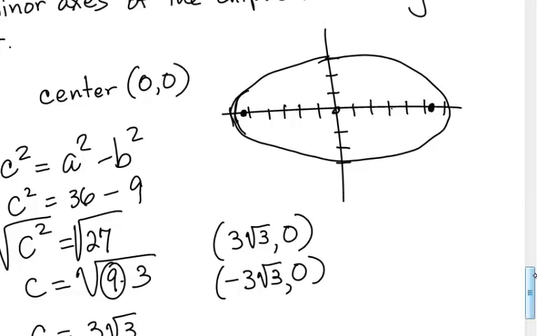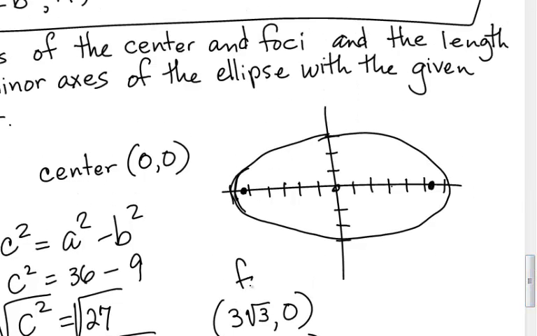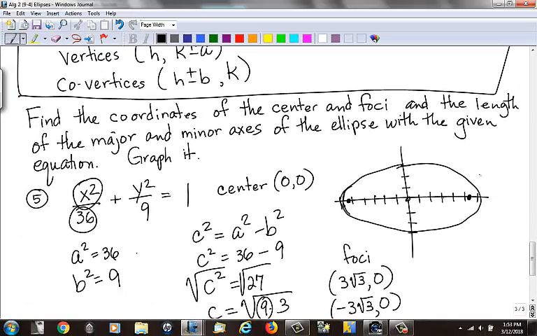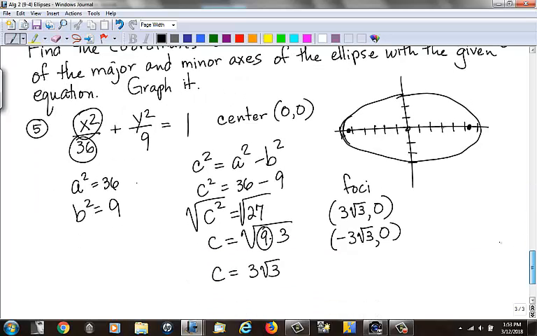So they wanted the center, they wanted the foci, they want the length of the major axis. How far do we go out on the X? 6. So the length of the major axis, 2 times 6, would be 12. And the length of the minor axis, this would be the major, and the minor axis, it would be 6.